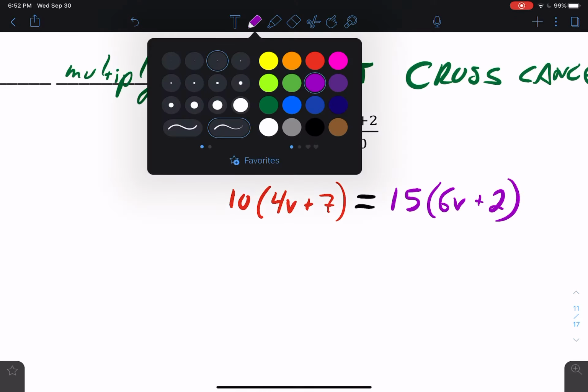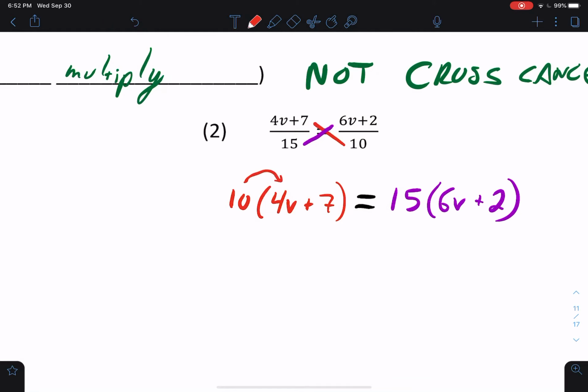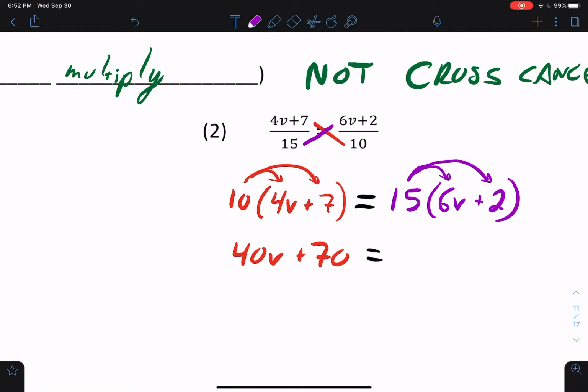Now it's time to solve this. Distribute. So I get 40v plus 70 equals, distribute the 15, you get 90v plus 30.